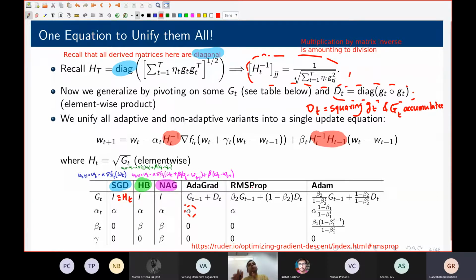AdaGrad says, let me accumulate the squared gradients, but the process of accumulation might lead to very diminishing values of the learning rate.